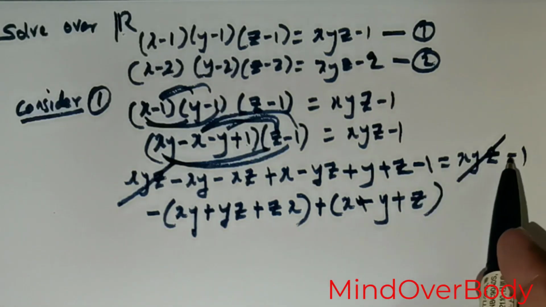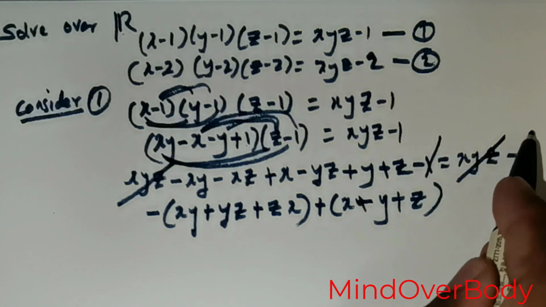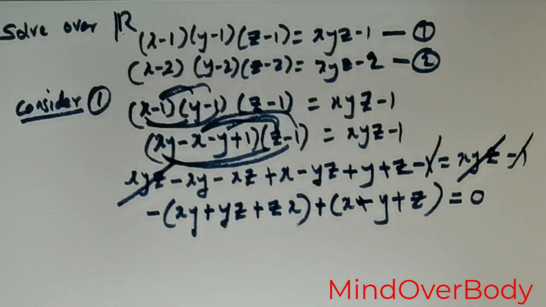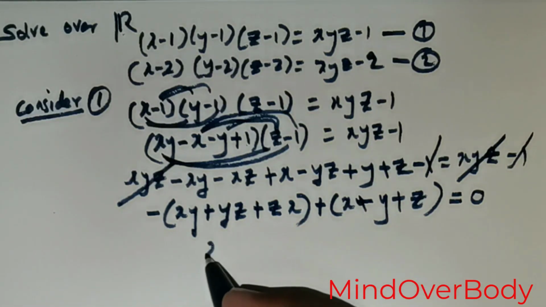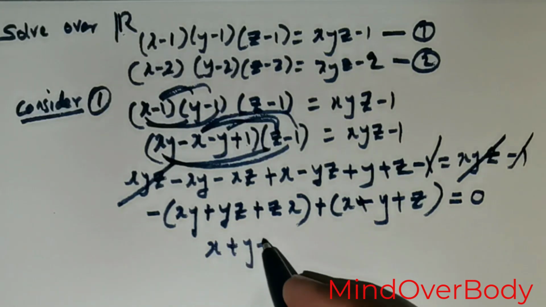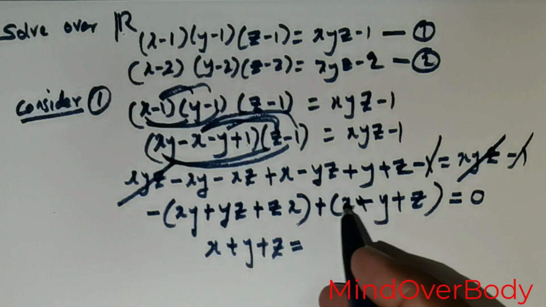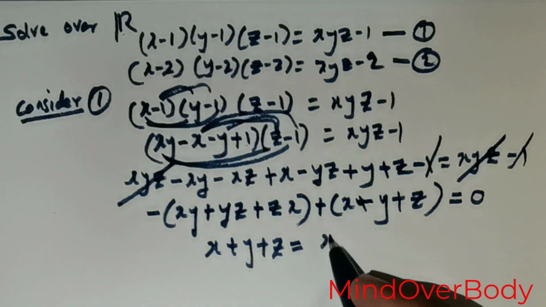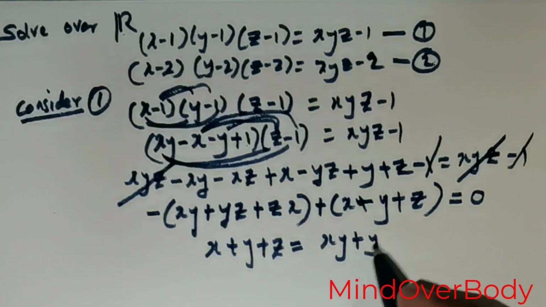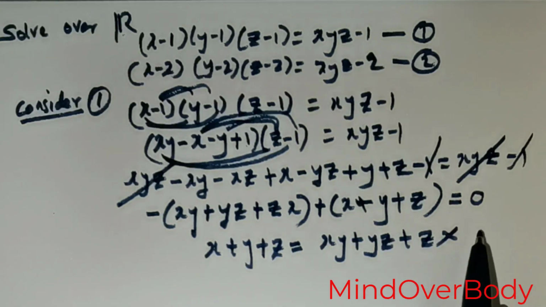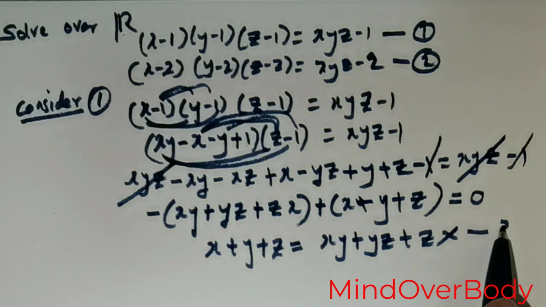I got a negative 1 and a negative 1, so these two components can be cancelled, giving me 0. If I rewrite this, I have x + y + z equal to xy + yz + zx, since moving the negative to the other side makes it positive. Let me take that to be equation number 3.